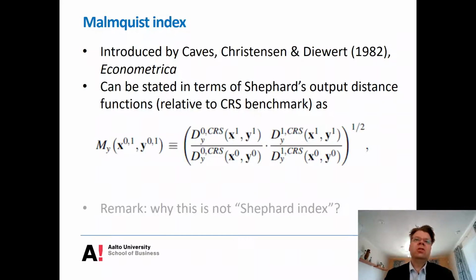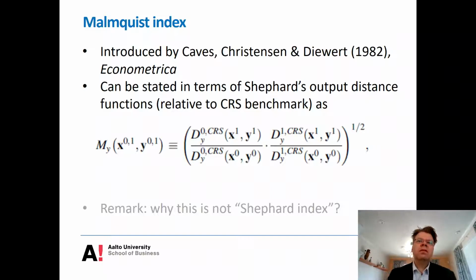So this technology, you can read it as is in the superscript of this D. So D superscript 0 refers to the fact that we use the technology of the base period to measure the distance, and D superscript 1 refers to the use of the target period technology as the benchmark to which we measure the distance.